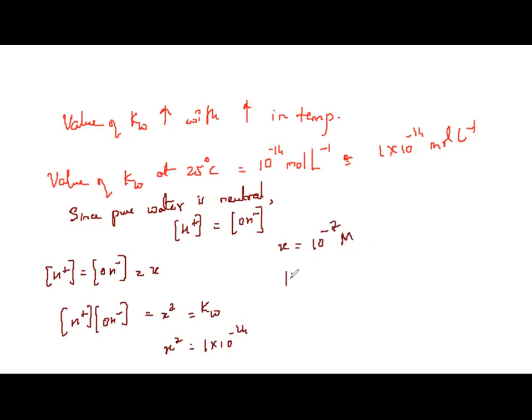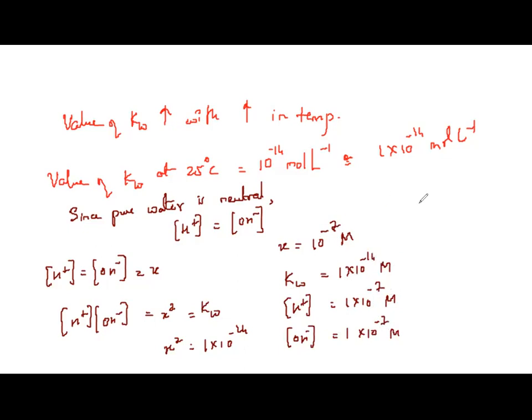Therefore, if Kw, the ionic product of water, is 1 into 10 raised to minus 14 molarity, the H plus ion concentration is 1 into 10 raised to minus 7 molarity, and the OH minus ion concentration is 1 into 10 raised to minus 7 molarity. Multiply H plus and OH minus, you will get 10 raised to minus 14 moles per liter.